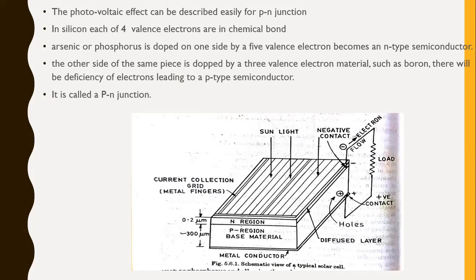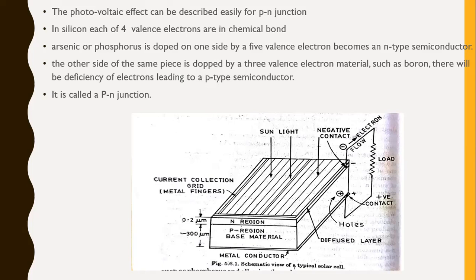In n-type, electrons move freely in the semiconductor lattice, and the deficiency of electrons is defined as holes in p-type, which move freely in the lattice. If you take such a piece of semiconductor with a p region on one side and an n region on the other, it is called a p-n junction.